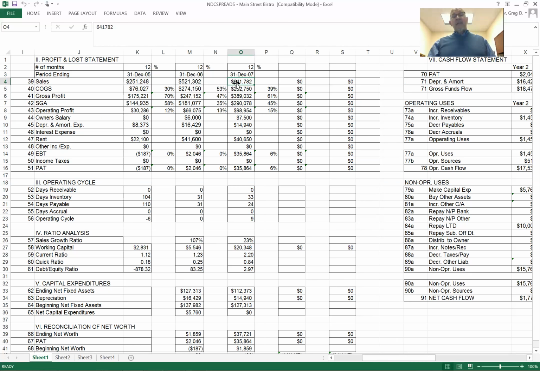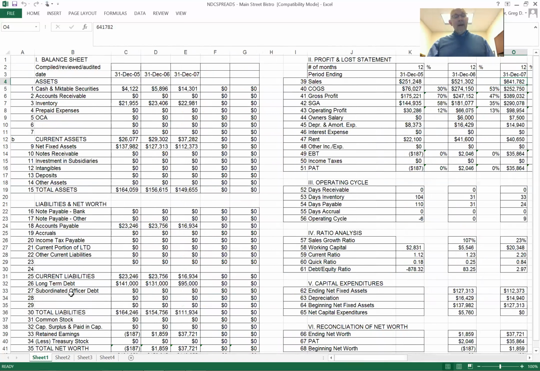We've increased it about 2.5 times over 3 years, which for a restaurant is pretty fast. And as I look back, if you'll recall, I don't have any short-term lines of credit here. Okay, so I don't have a line of credit or something to cover. So this is something that might concern me. It did with this client.